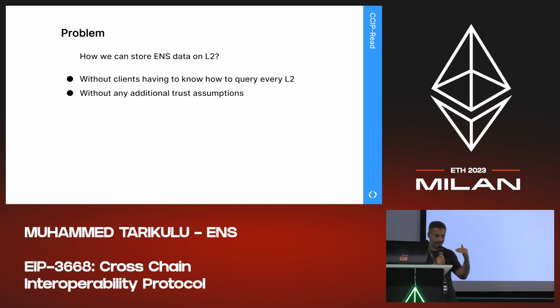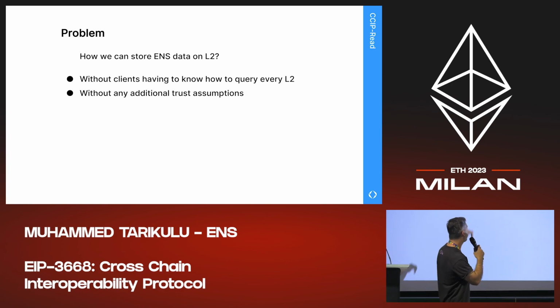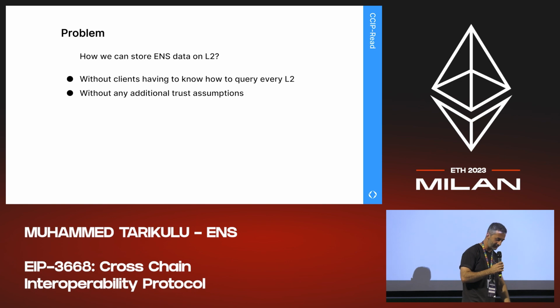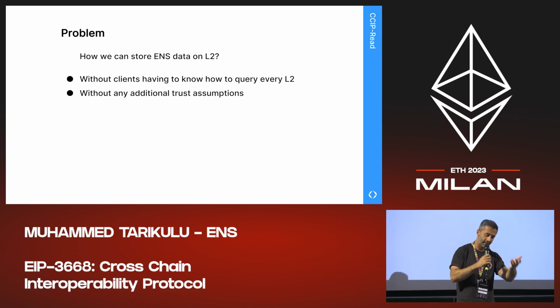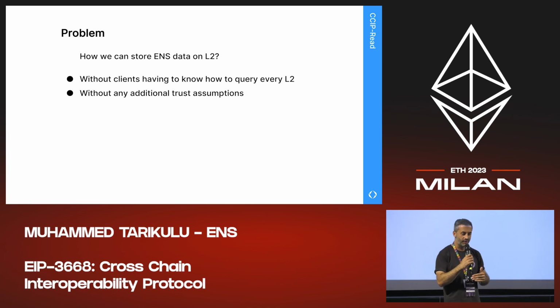Actually, let me first explain a little bit more about the first one. Without clients having to know how to query every L2 means that we have a lot of libraries like Ethers.js and Web3.js. When we want to query Ethereum or the L2s, if we don't have any proper specification, we have to give all the specifications beforehand before doing any transaction or querying.